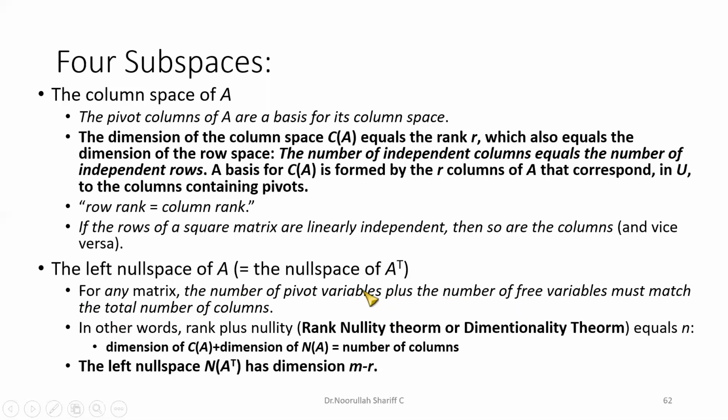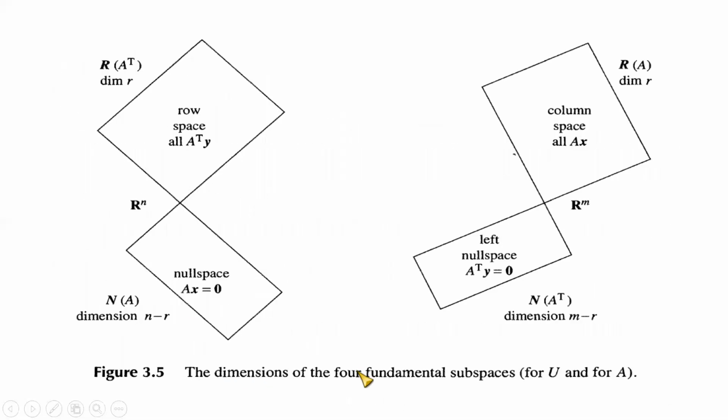The sum of the pivot columns and the free columns is the total number of columns. In other words, the rank plus the nullity, which is generally known as the rank-nullity theorem or dimensionality theorem, equals n. That is specified over here as dimension of C(A) plus dimension of N(A) equals the number of columns. The left null space, N(A^T), has dimension m minus r.